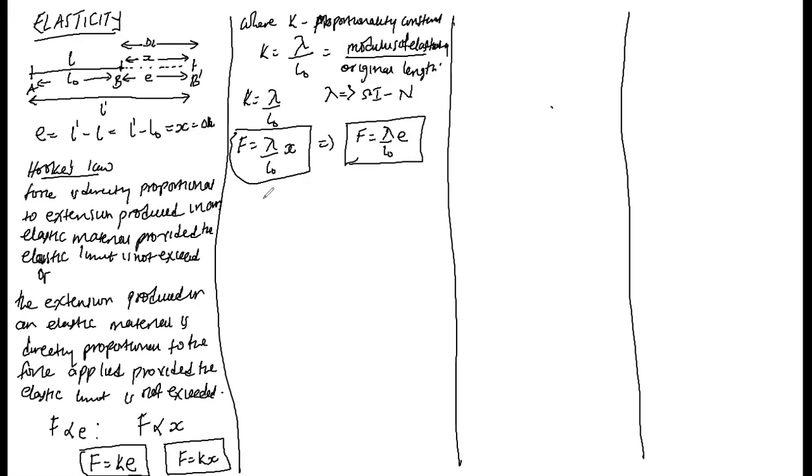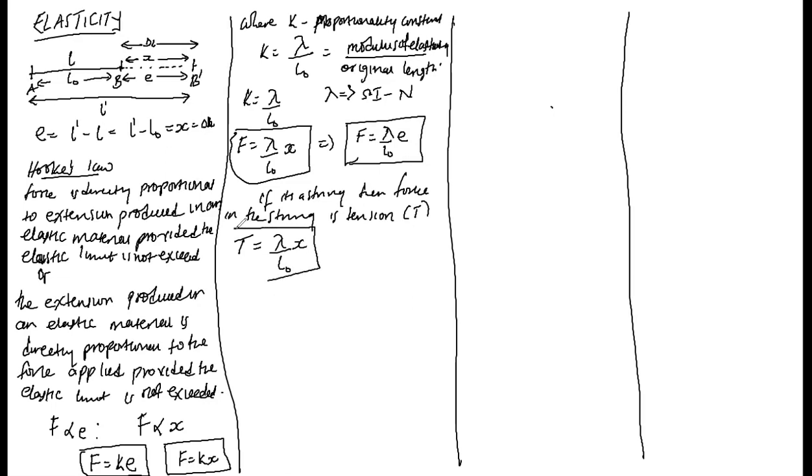If it's a string, then force in the string is tension, capital T. So in strings, tension is equal to lambda over L naught times x, or tension is equal to lambda e over L naught.